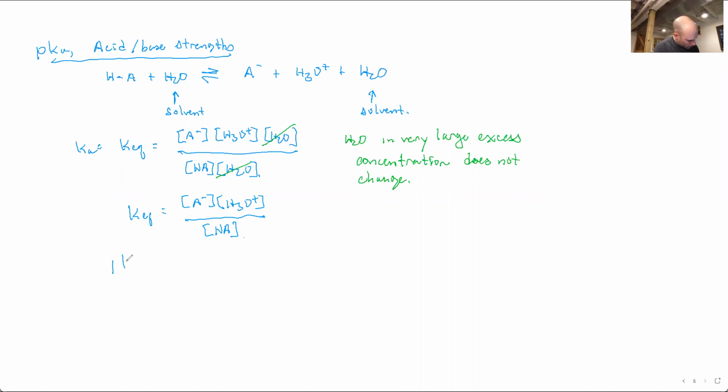and then the pKa equals minus log Ka, which is going to be minus the log of products over starting material, okay? And so it's important to remember that the log of any number less than 1 is negative.